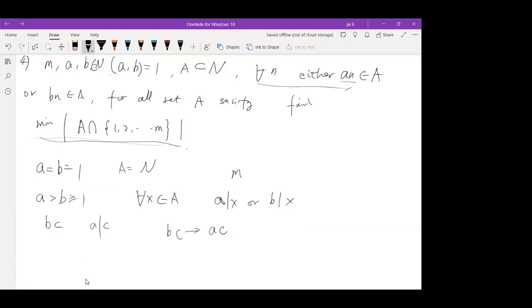And now with this one, you can see this tells you, since we can remove anything that isn't a multiple of a, you could assume all the numbers are multiples of a. And next, let's think about what else we can do to reduce that number.